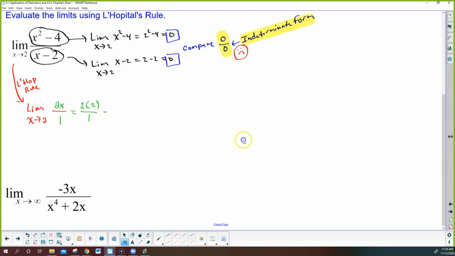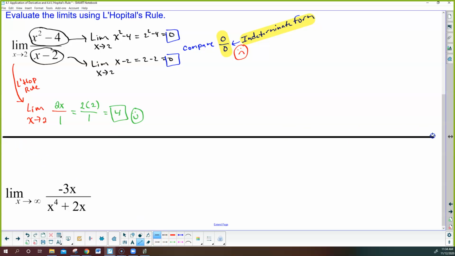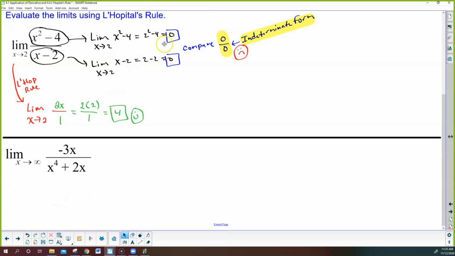I just do direct substitution, and I can use my equal sign. My answer is 4, which is exactly what we got in the warm-up. L'Hopital's rule is super friendly and quite easy once you get the hang of it. The hardest part is showing the correct notation, and that's what today's all about.